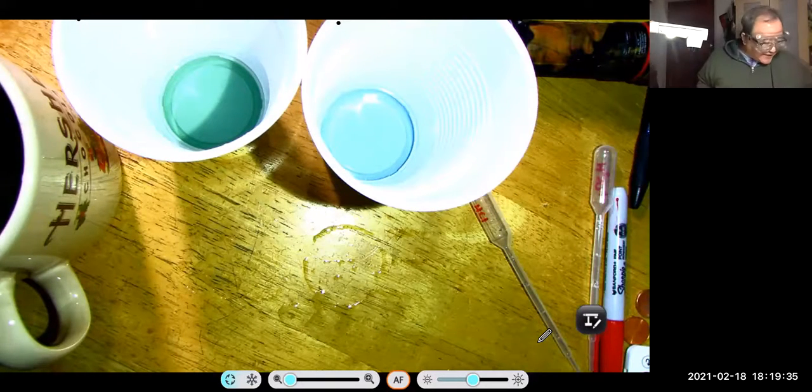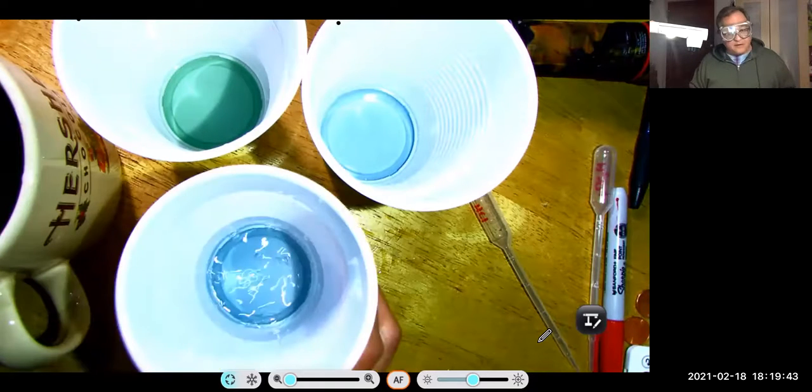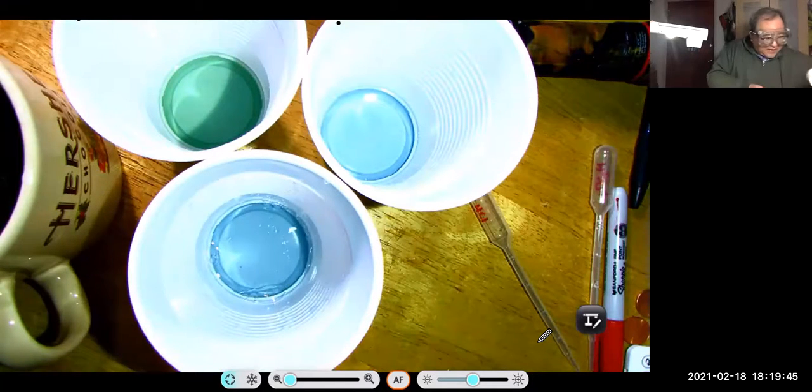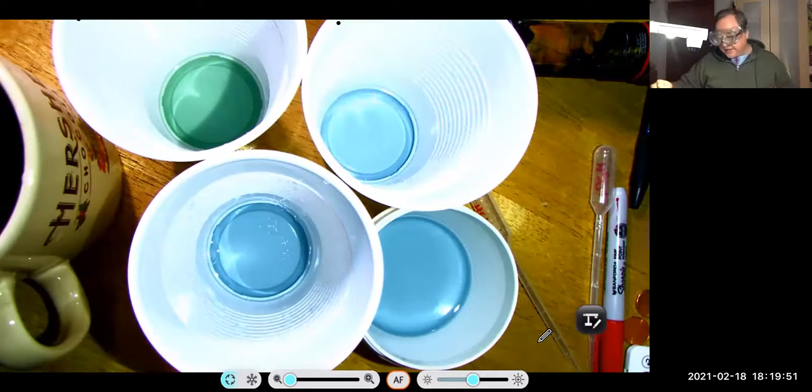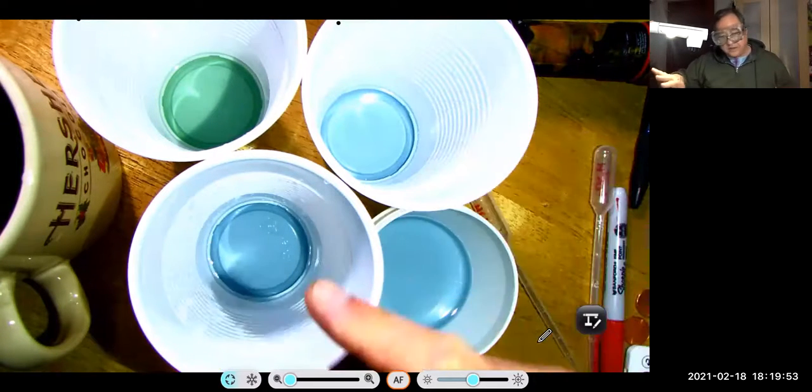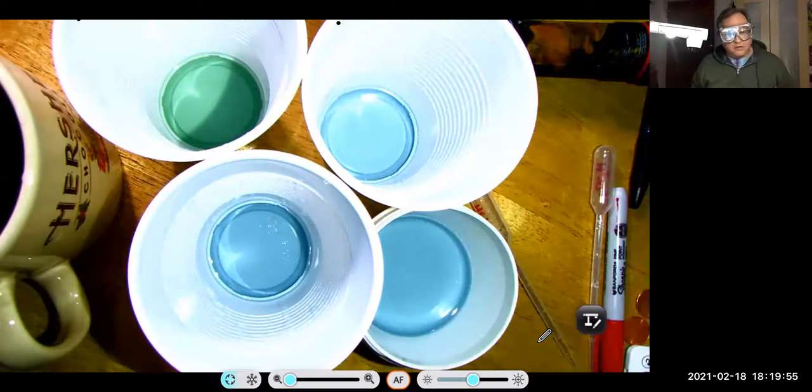So right now I'm rinsing it out. Okay, so I've got a little bit in this cup now. And here's the other one. So this one here is going to be my control. And you can see that these three on the right all look pretty similar to one another color-wise, correct?